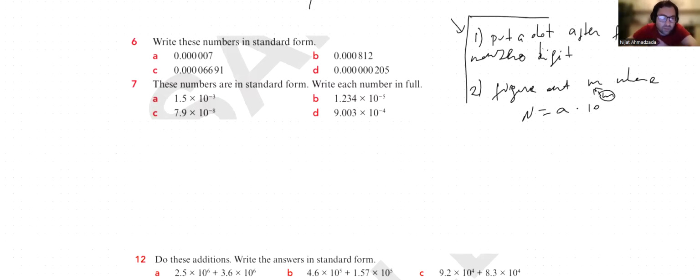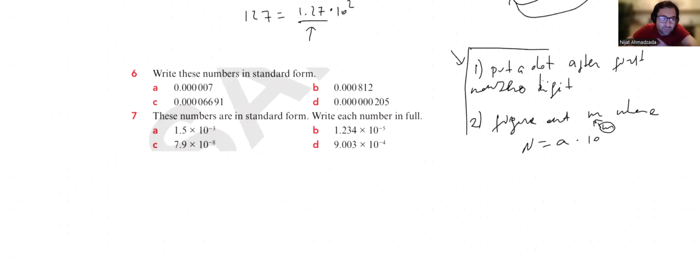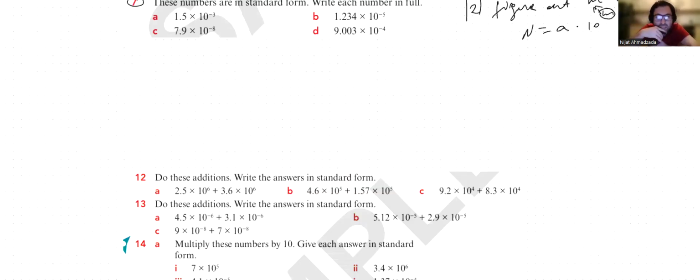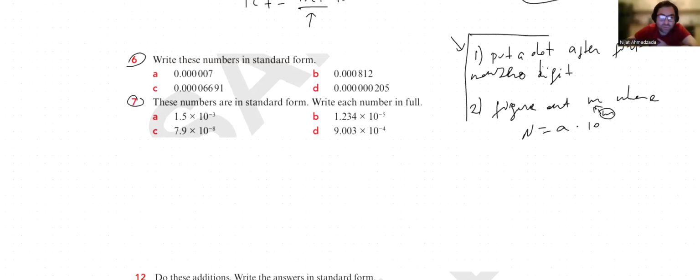We have question number 6 and question number 7, for example, and 12, 13, 14. But for some exercise at the beginning, we can choose some random numbers and solve them ourselves first. Then we're going to jump on question number 6. So first, let's start with the number 257.